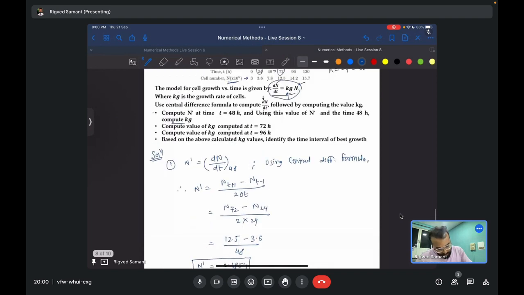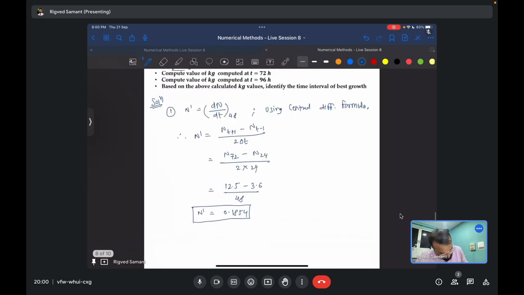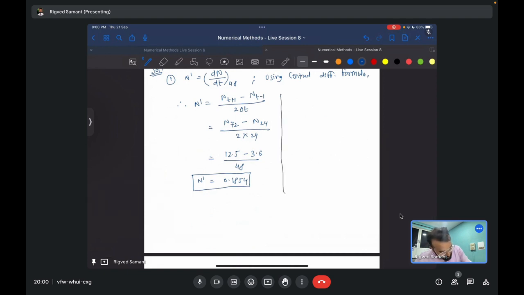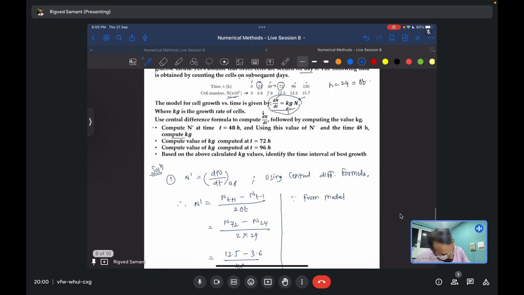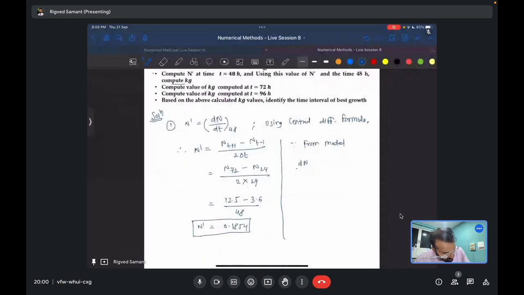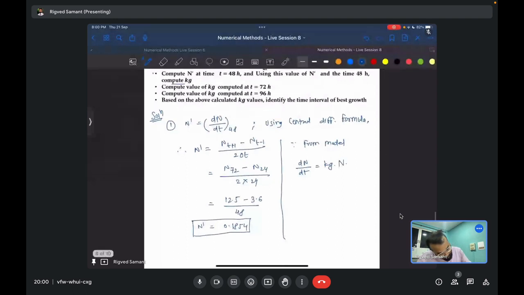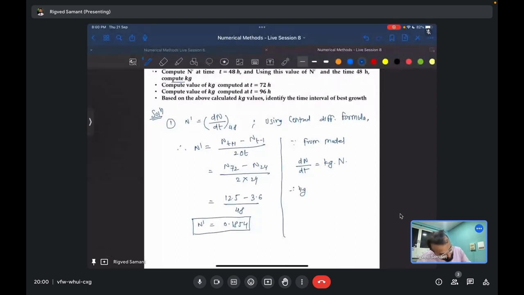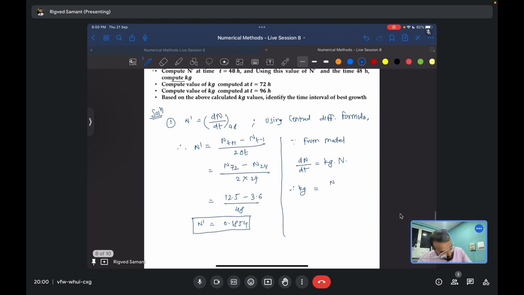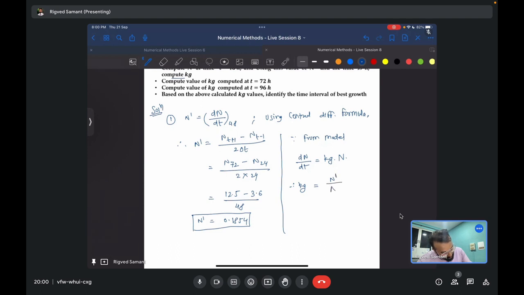What is the model? From the model, dn by dt is equal to kg into n. Therefore kg would be dn by dt divided by n, that is n dash divided by n.